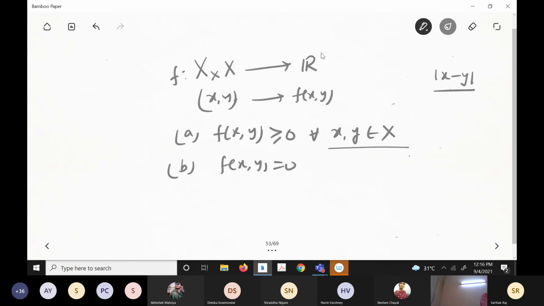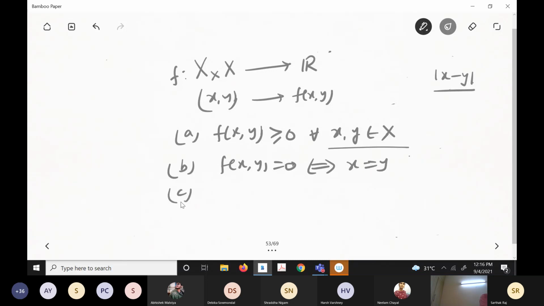Some people write non-negative reals as the range, then you don't need to mention it, but I am writing it to emphasize right now.